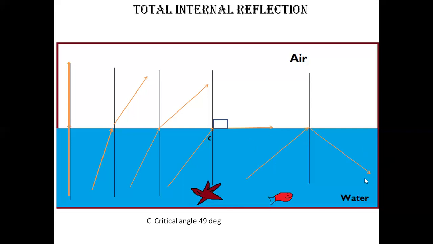The ray will return to the same medium. It is reflecting. No ray enters the air. So if this angle is 60, this angle will also be 60. Or if this is 50, the angle of reflection will also be 50. So it's undergoing total internal reflection at this point.